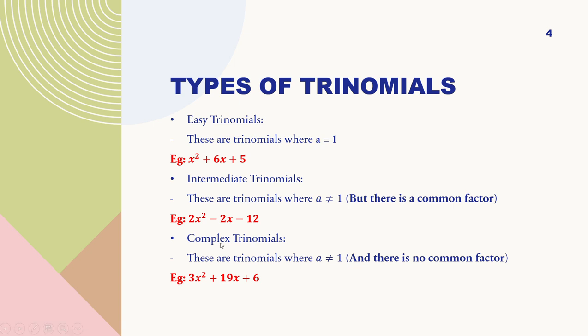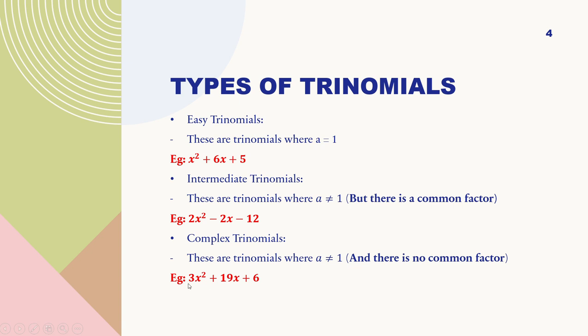The last ones are the complex trinomials. How do we identify these? These are also where a is not equal to 1, but when you look at them, you cannot take out a common factor.